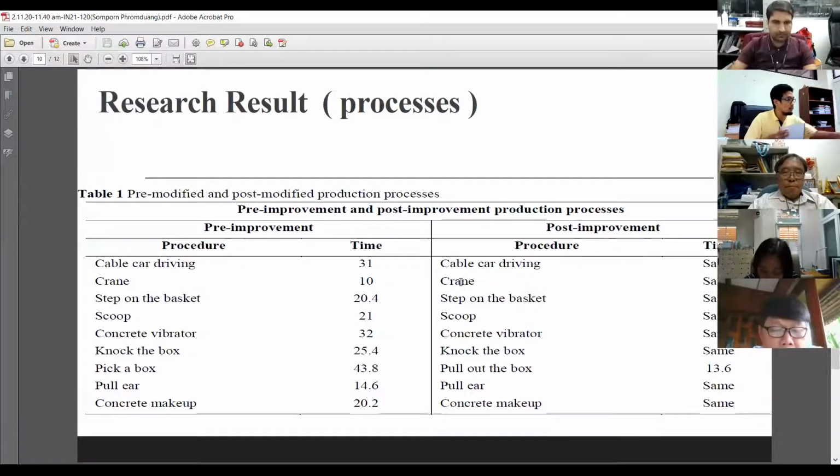If you look at this table, you can see the research result comparing time between the old and new methods. The other steps are the same, but the difference is the method of picking out a box. With the old box, they spend an average of about 44 minutes, and for the new box, we change the method, which we call pulling out the box, and they spend about 14 minutes.